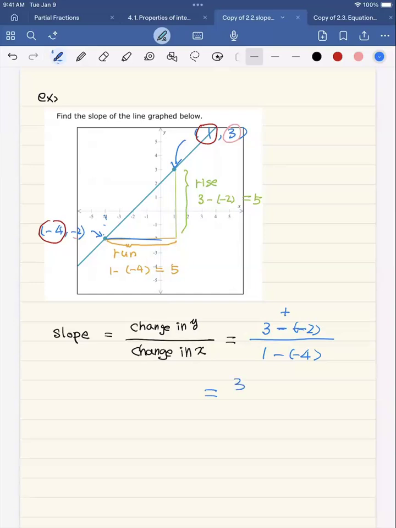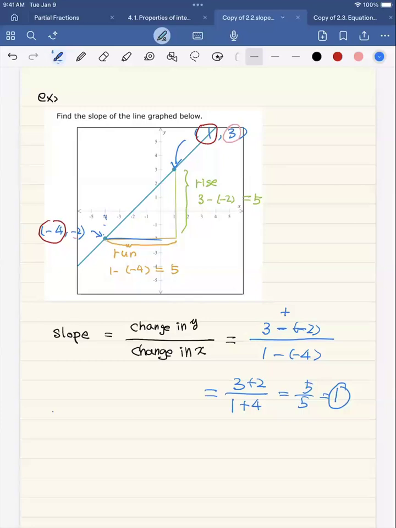So 3 plus 3 over, the same happens in the denominator, 1 plus 4. So 6 over 5. So slope is 6 over 5.